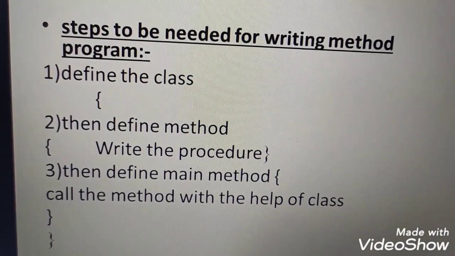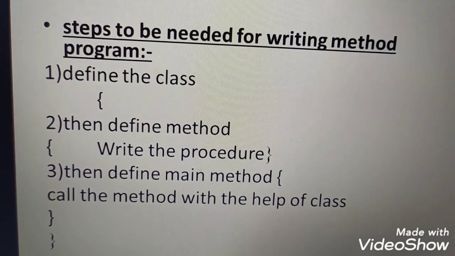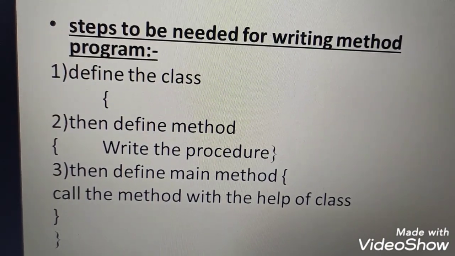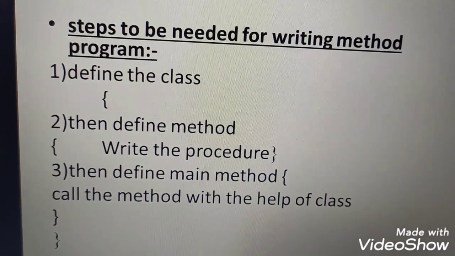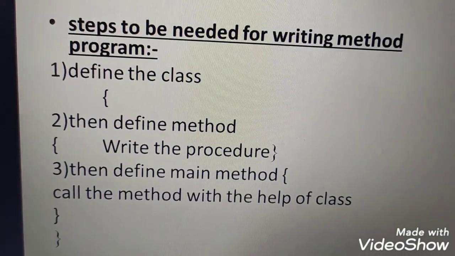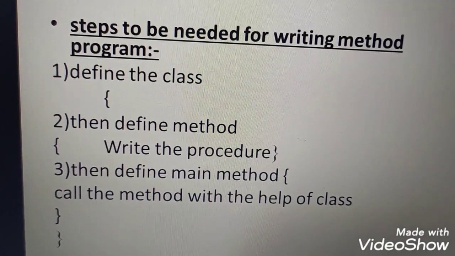So then you have to define the main method, and in the main method again you have to give the curly braces. Then you have to invoke or call the method with the help of the class, because we are not going to create an object. Then the main method needs to be closed by the curly braces and the class needs to be closed by the curly braces. Okay.